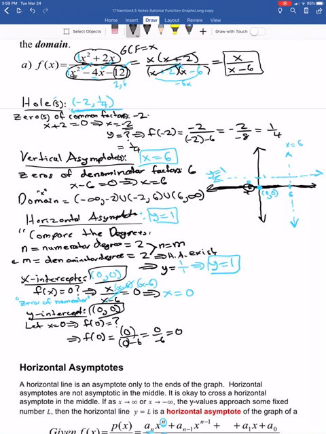But with our graph, I can start to see what's going to happen with this graph just based off this information. Now, one thing I want to know about the horizontal asymptote is, will our graph intersect it? Will it cross it?